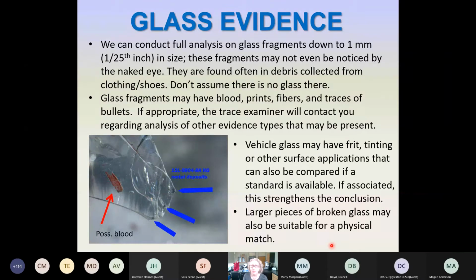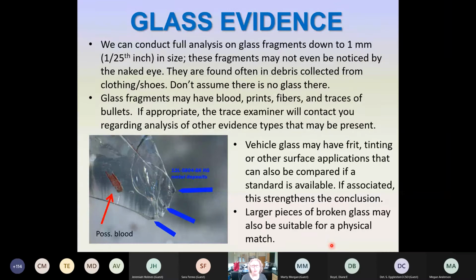Latent prints. Sharp glass edges will be great for trapping fibers and pulling them out of clothing or upholstery, carpets. And we have seen a small number of cases where we see transfer of bullet material on glass if the pane is broken by a bullet shot.